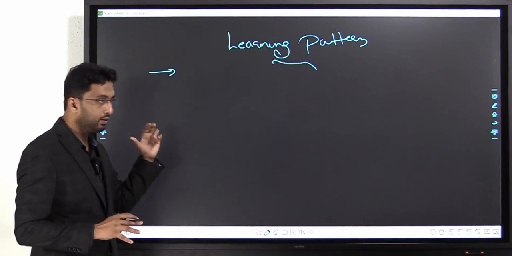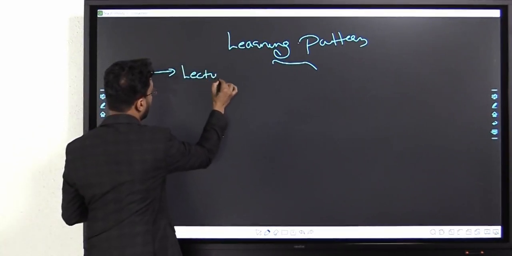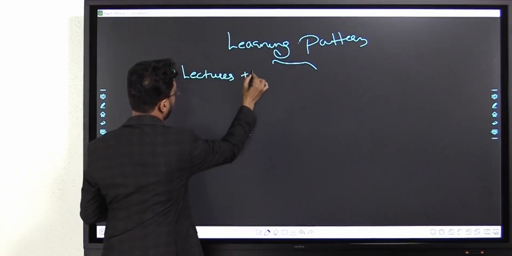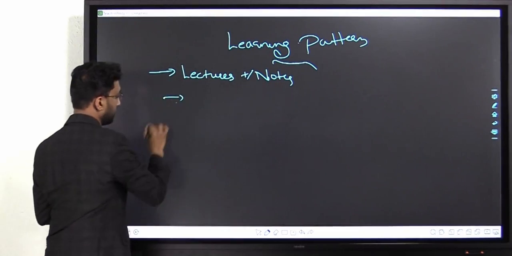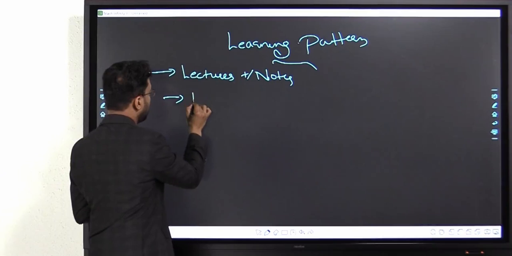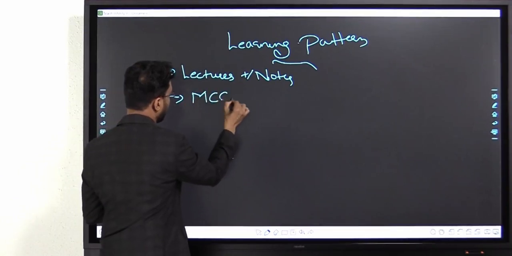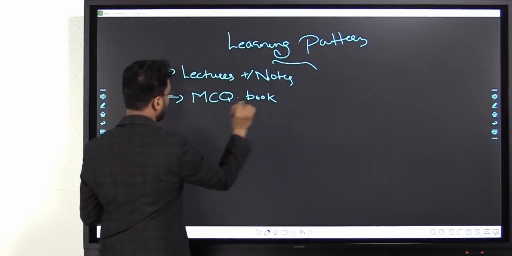So you get lectures plus or minus notes. What do you get next? You have the MCQ book, Dental Dentist or any other book which we tell you, the question bank.